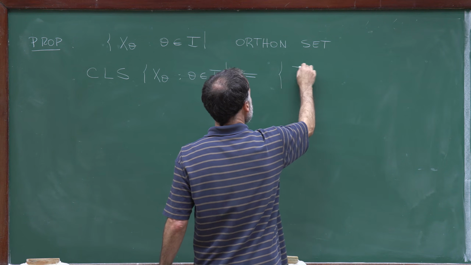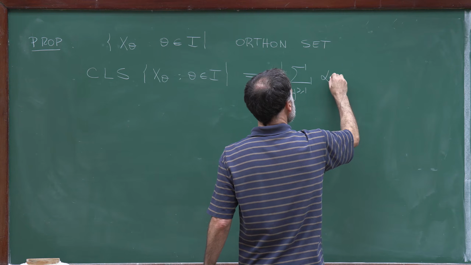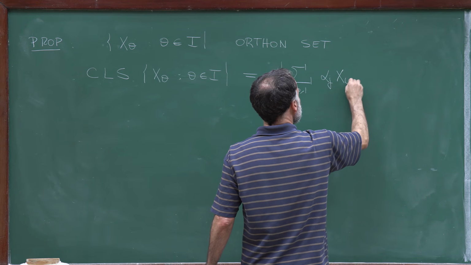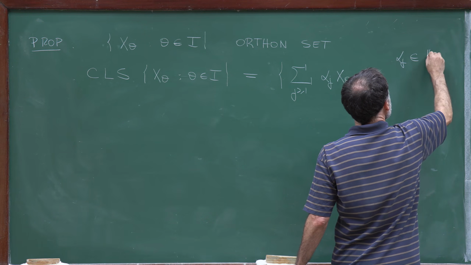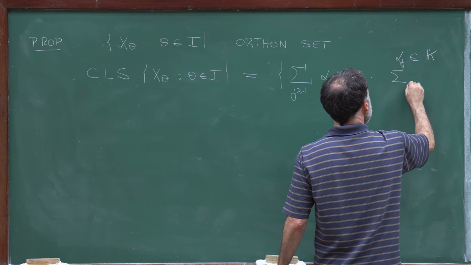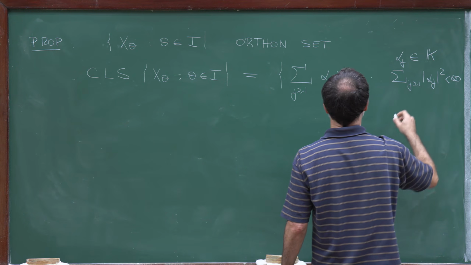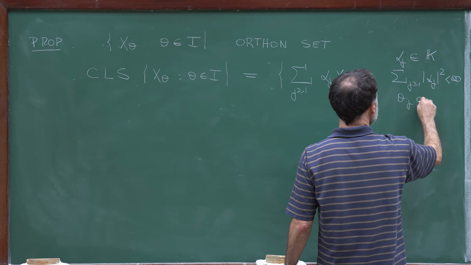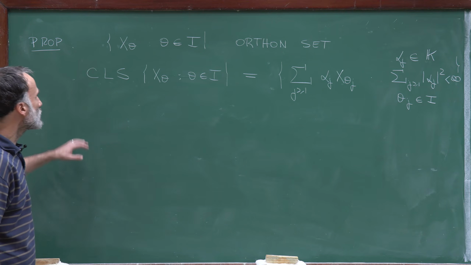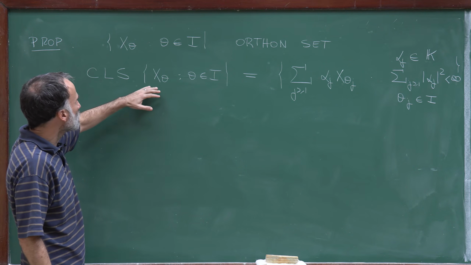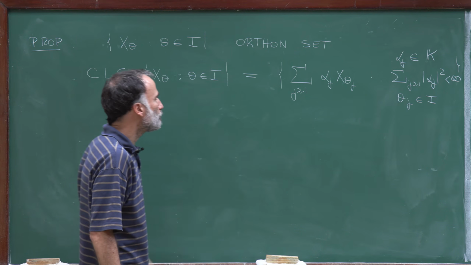This is exactly the set of all sums of alpha j x theta j, where alpha j are scalars, such that the sum of alpha j squared is finite, and theta j belongs to I. So I'm claiming that in the case of a Hilbert space, we have a very simple representation of the closed linear span of a family which is orthonormal.